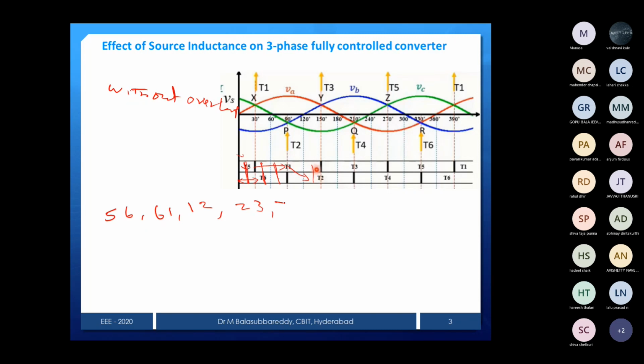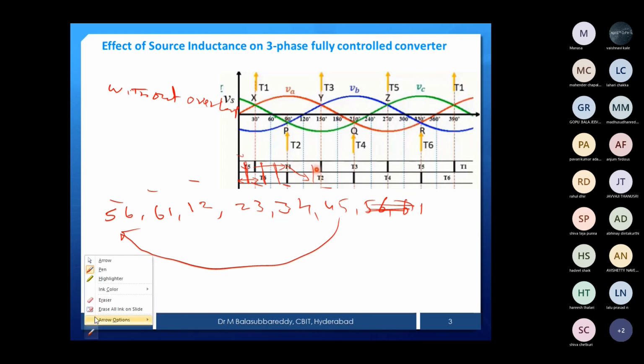Then 3, 4, because each will be 60 degrees. Then 4, 5 and 5, 6. Again 6, 5, 6 and the cycle will be repeated from here onwards. So now we can see 1, 2, 3, 4, 5, 6: 6 pulses will conduct during this instant without having an overlap period.